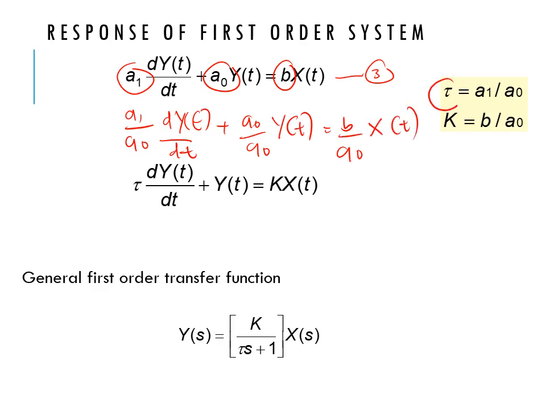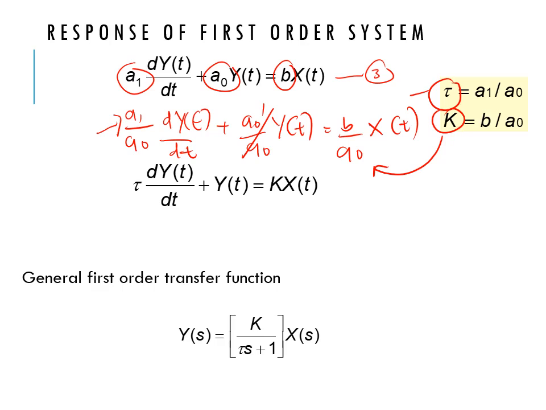And then replace this into this, and k into this. So you will get this equation: tau dy(t)/dt plus y(t) equals k x(t).